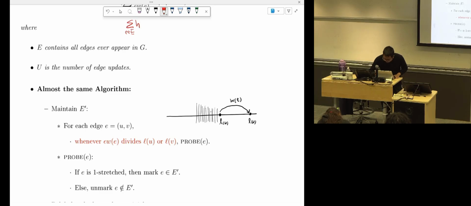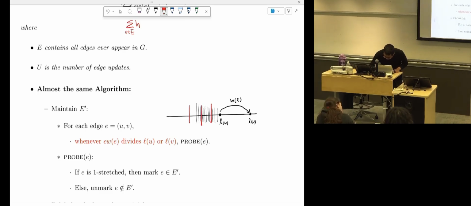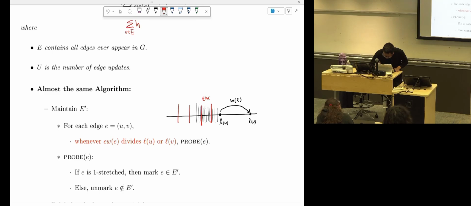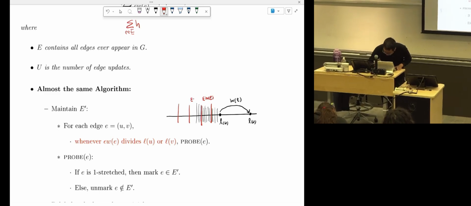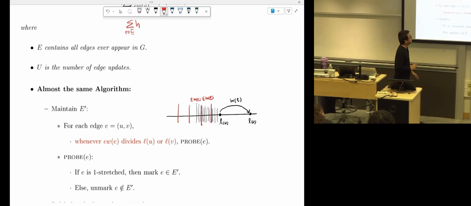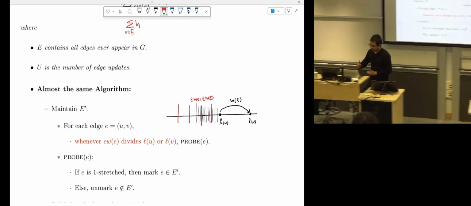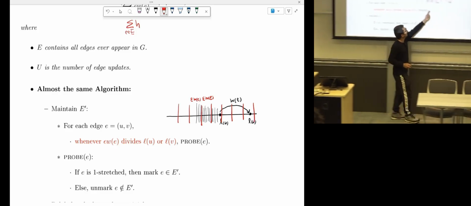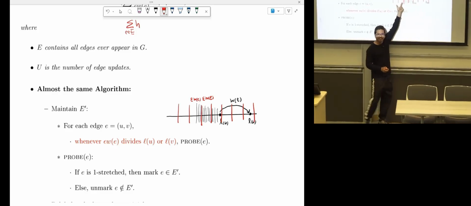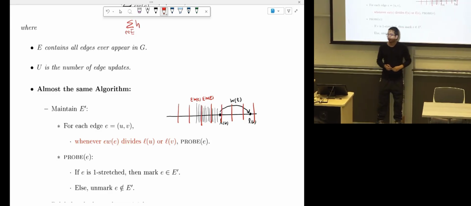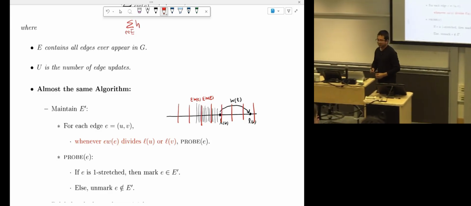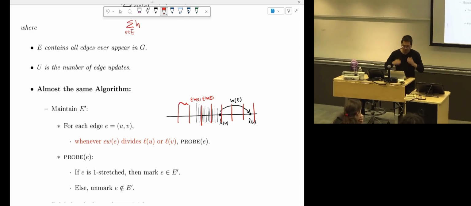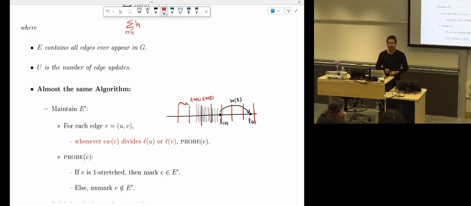So let's put this, and this is like an epsilon. So whenever the label crosses the red bar, then we probe the edge. So this granularity for each edge is different, right? Okay, is it clear?